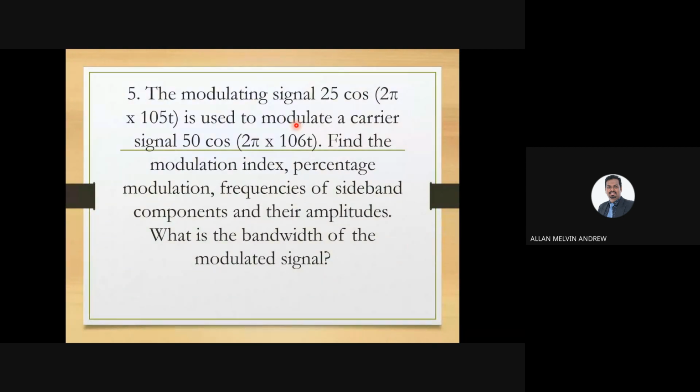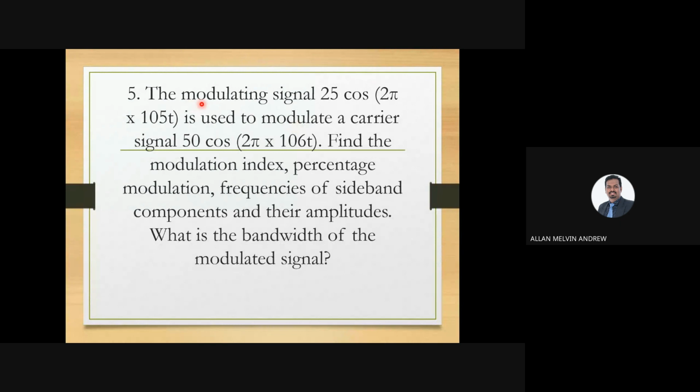So let's say you want to go to KL. You can take a car, you can take a motorbike if you want. You can take a bus, you can take a flight. So the transportation is the carrier signal. Okay, it carries you. So it carries your message. Okay, so carrier signal. Okay, and the third one is modulated signal.